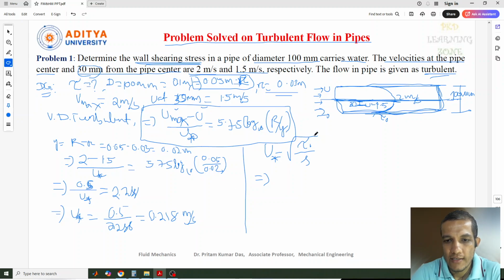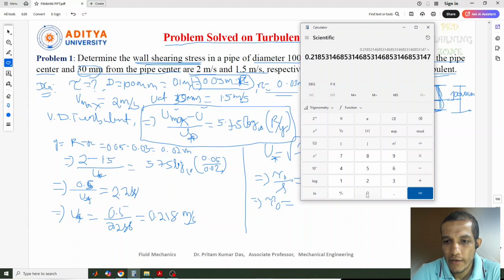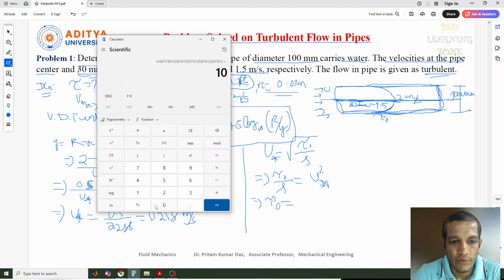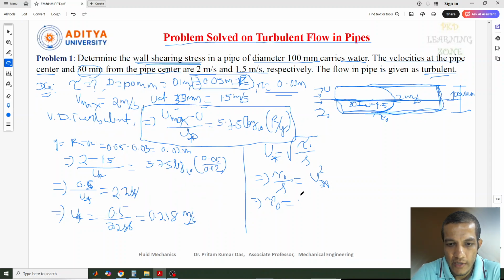So I remove the root: tau naught by rho equals u star square.